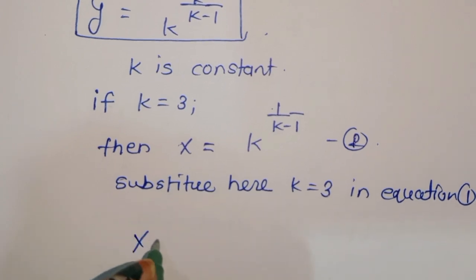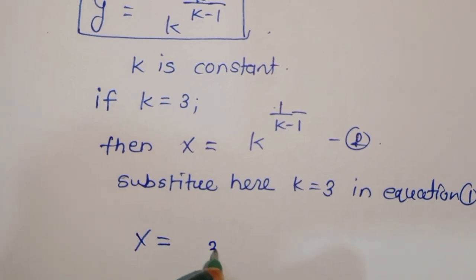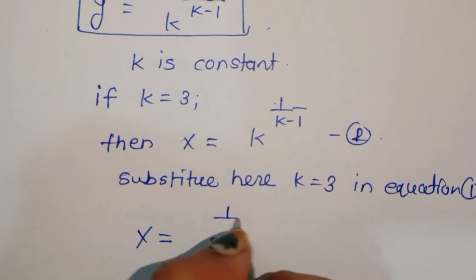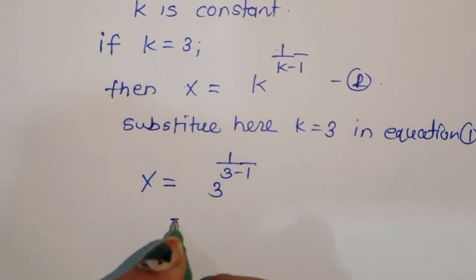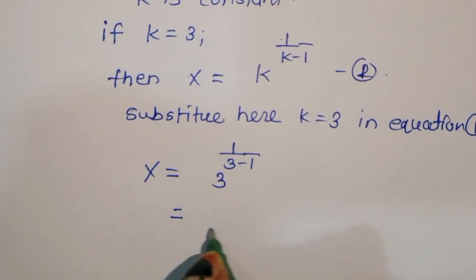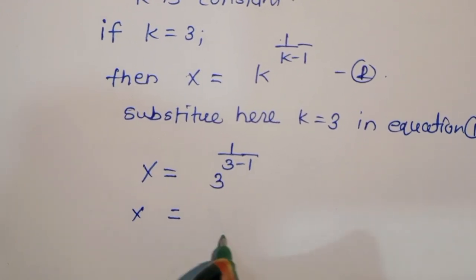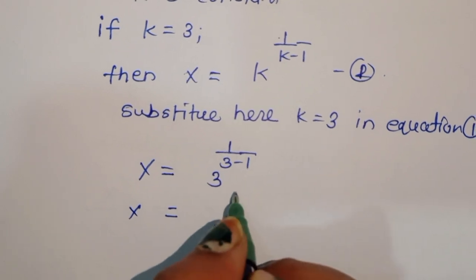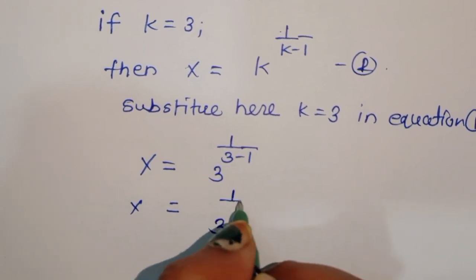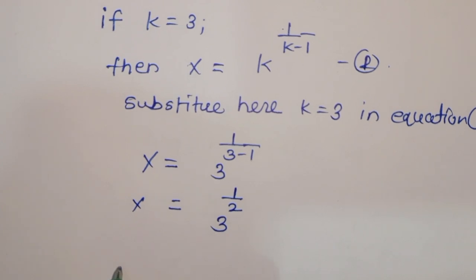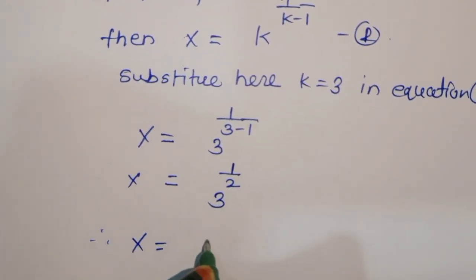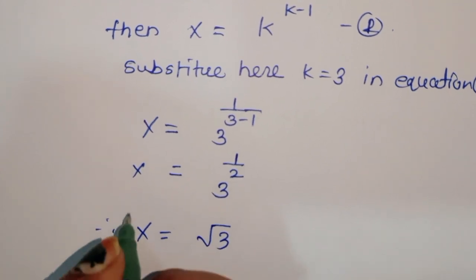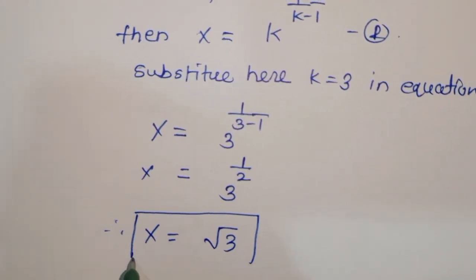Now x is equal to 3 raised to 1 upon 3 minus 1. 3 minus 1 is 2, so 1 upon 2. Therefore x is equal to 3 raised to 1 upon 2, which means square root of 3. This is the value of x that we got here.